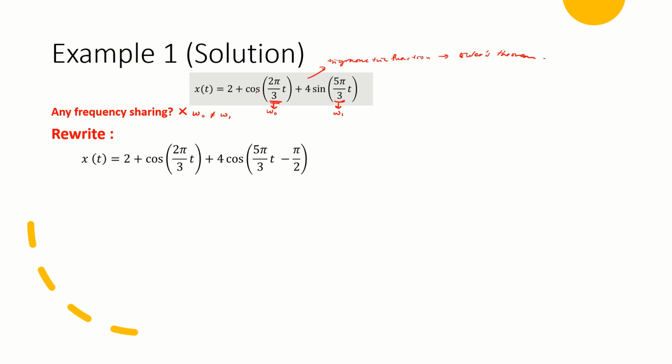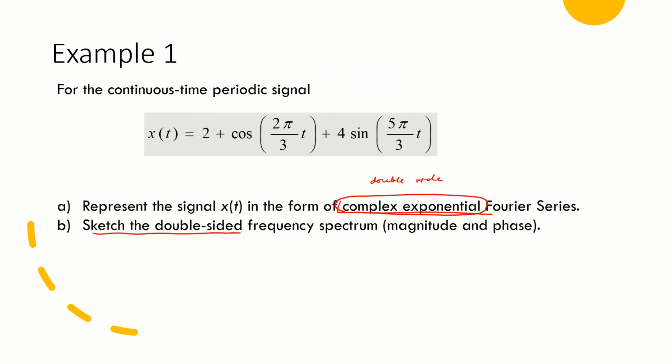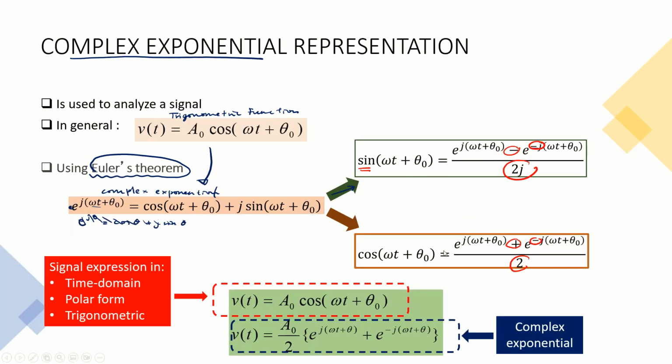If you want to convert cos into sine, going back to the Euler's theorem I showed you just now, there will be an imaginary 2j down here. So it's going to be quite difficult. You can do this, but I don't recommend it, because there is 2j down here, which is going to be much more complex.